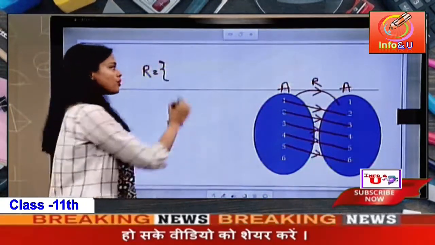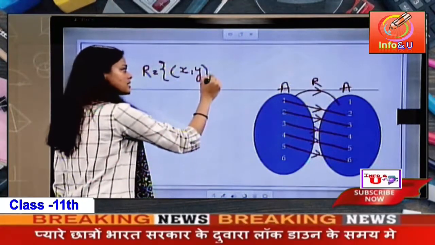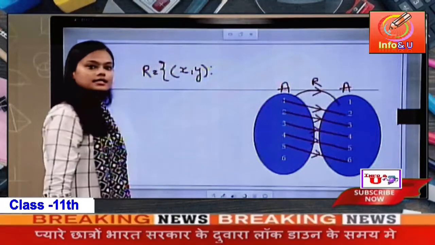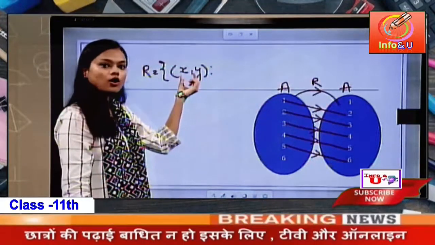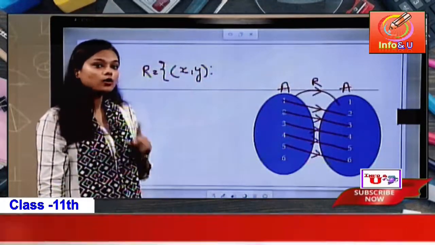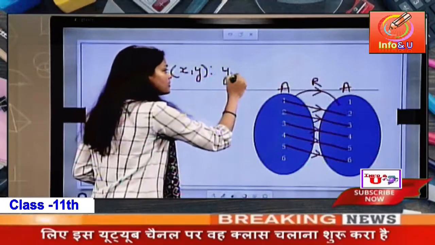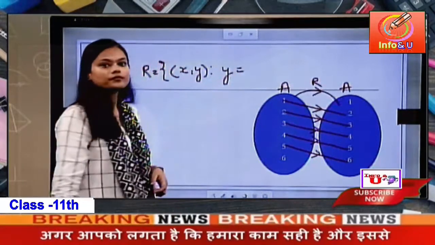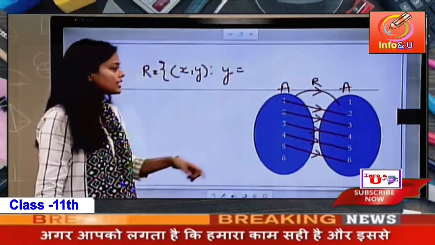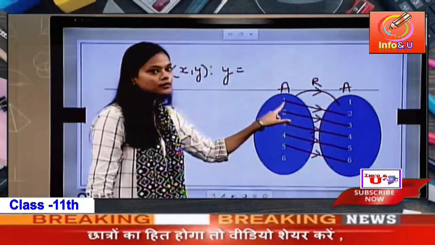R is a set of all those ordered pairs X and Y such that there is a relation between the 2 points or 2 elements. What is the relation? You may notice that the second element is plus 1 of the first element.